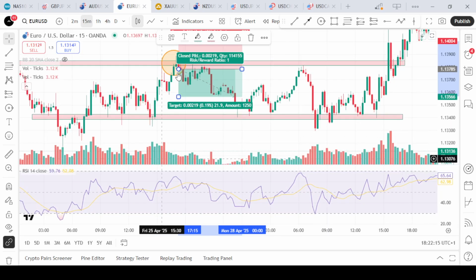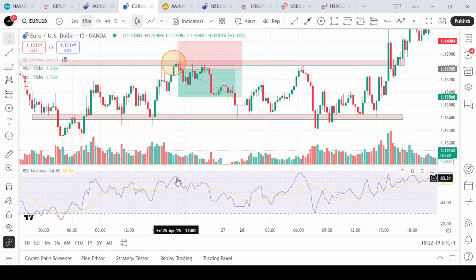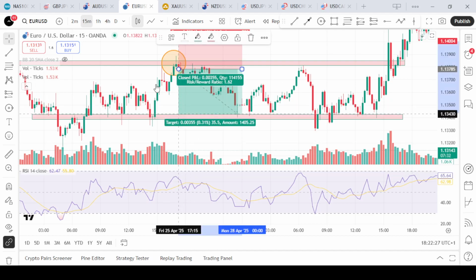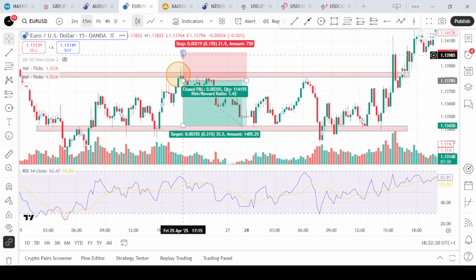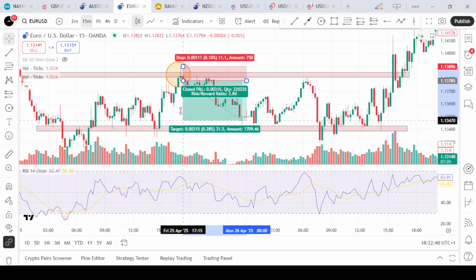Now this is our RSI, and as you can see in this area that we took the trade, price is trending at the overbought region, signaling more signs for the downside. You put your stop loss just above the signal candle high. This is where you put your stop loss, and you aim for a minimum of 1:2, 1:3, as the case may be.